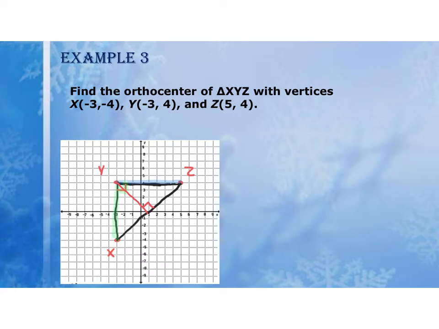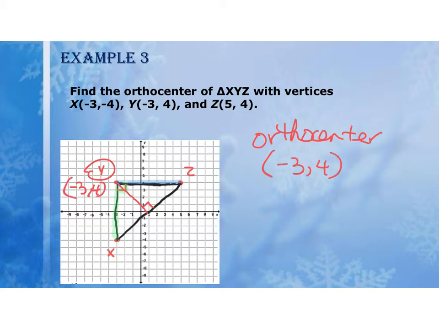So when it's a right triangle, the orthocenter is going to be located at the right angle. So the orthocenter here is the coordinates for Y. It's (-3, 4). So when it's a right triangle, the 2 legs of the right triangle are altitudes.